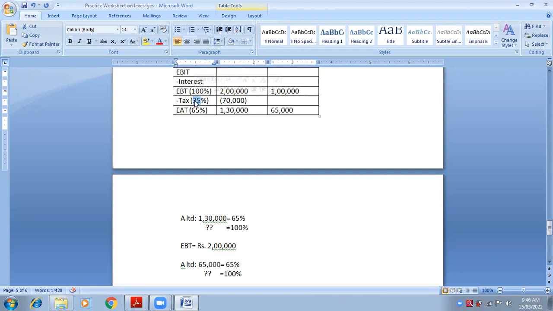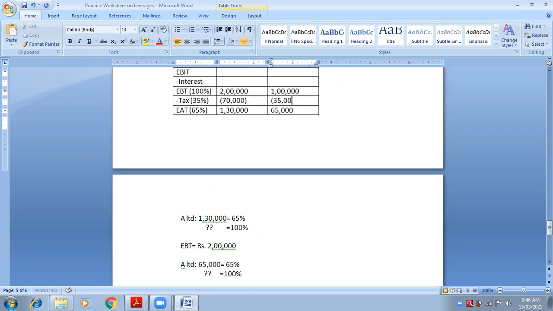find out tax. Another method to verify the amount of taxes: EBT 2 lakhs into 35 percentage tax. So tell me, 2 lakh into 35 percentage is 70,000. Is it there? Yes, ma'am. So we are correctly doing it. Now 1 lakh minus 65,000, so how much is it? 35,000.